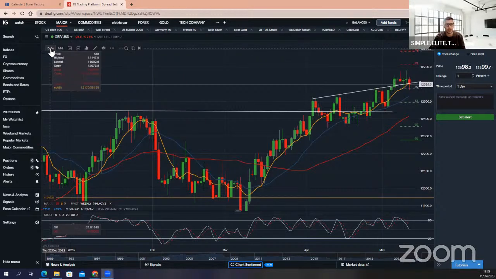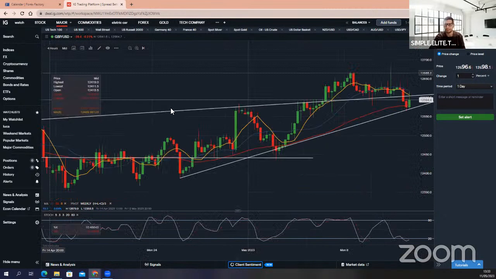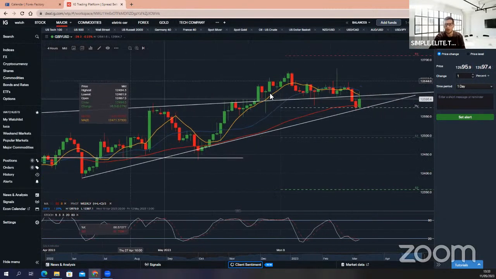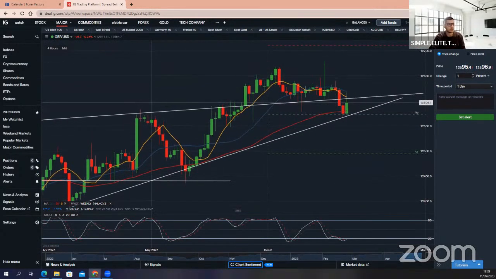If we drop down to the 4 hour time frame, we could already see some weakness. So this one, and now it's forming the fifth cycle. I want to see price get below a weekly pivot, which is this line, and stay below to be short on pound dollar.